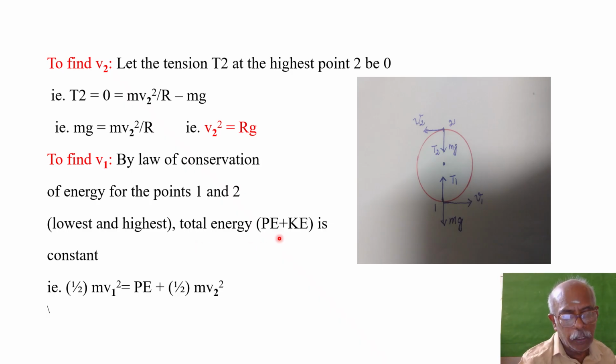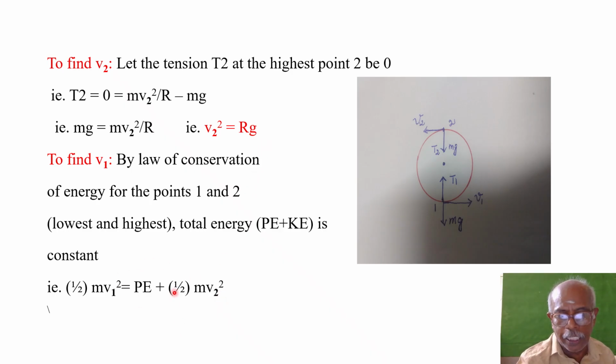Kinetic energy. For this point, we have only kinetic energy, that is half m v1 square. For this point, you will have potential energy as well as kinetic energy, PE plus half m v2 square, because here the velocity is v2 and its value is capital R into g.